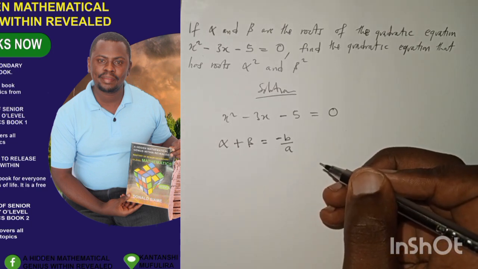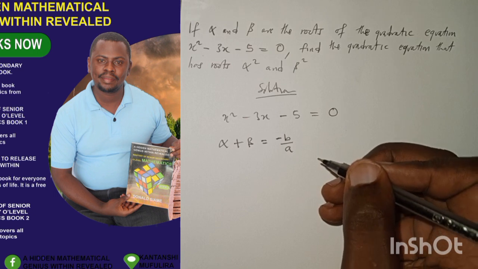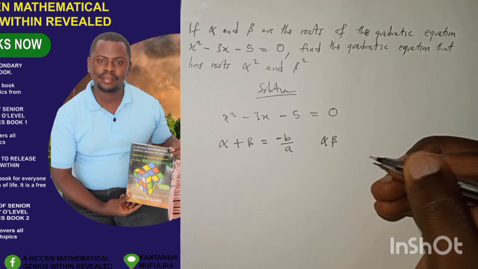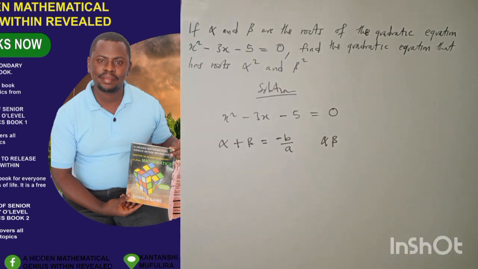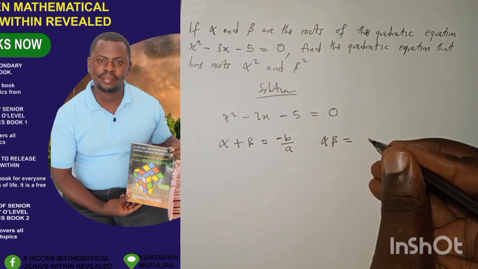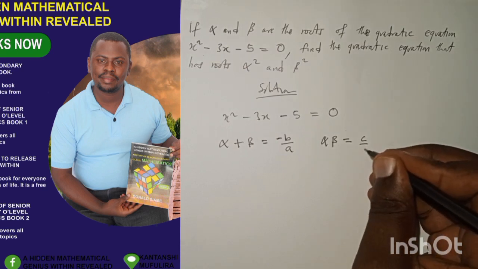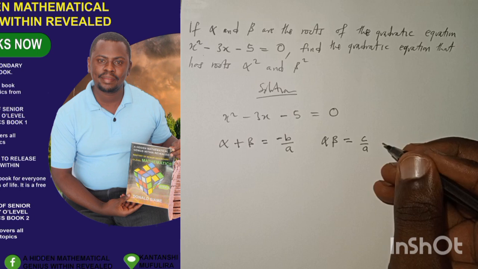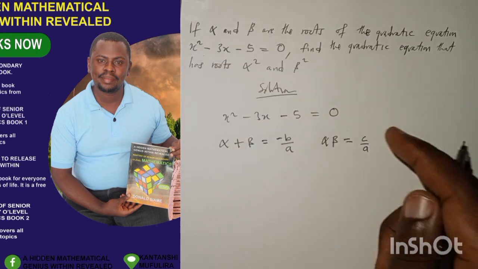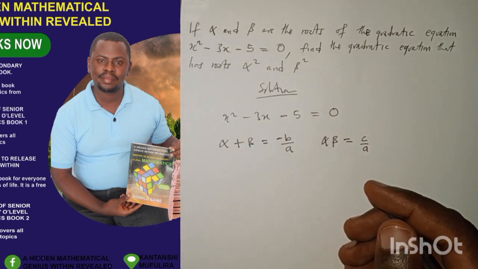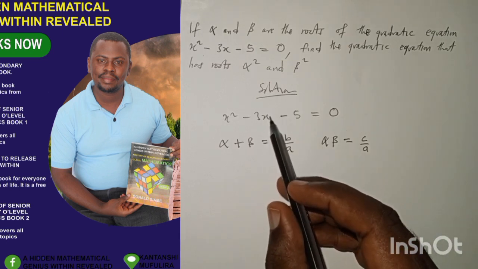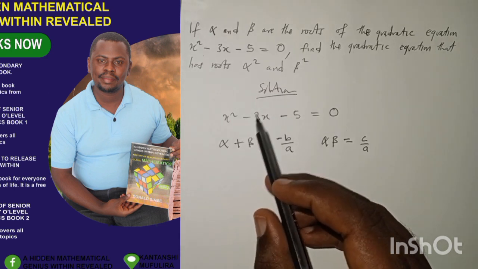Then the product is alpha multiplied by beta, so alpha times beta is equal to c over a. Then according to the given equation, we need to determine the values of a, b, and c. So b is the coefficient of x. The coefficient of x here is minus 3.